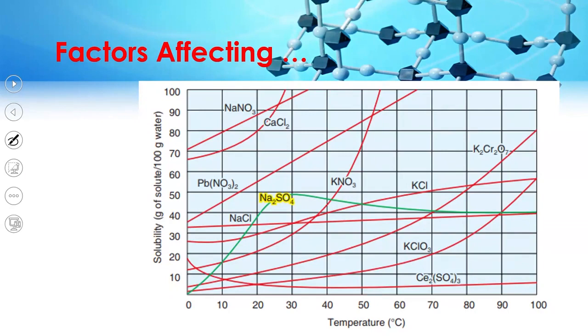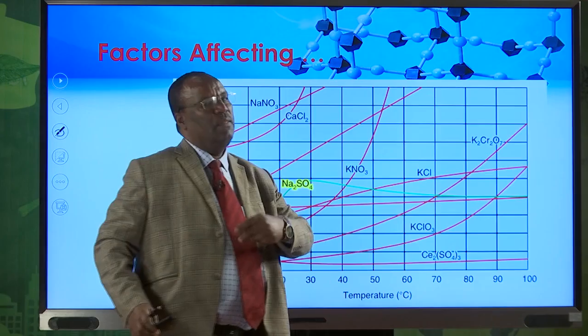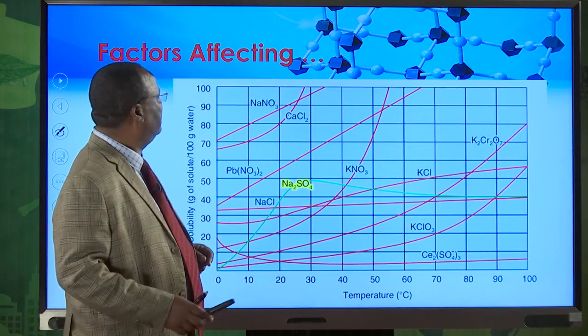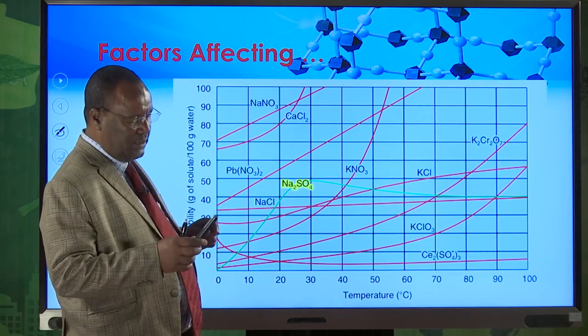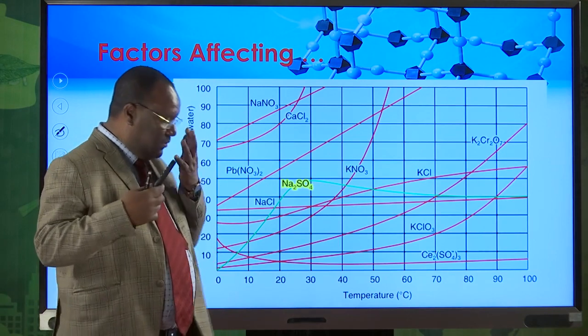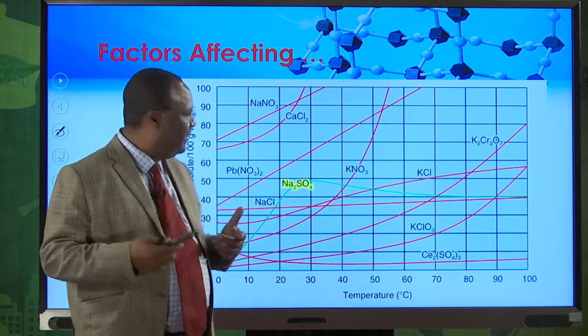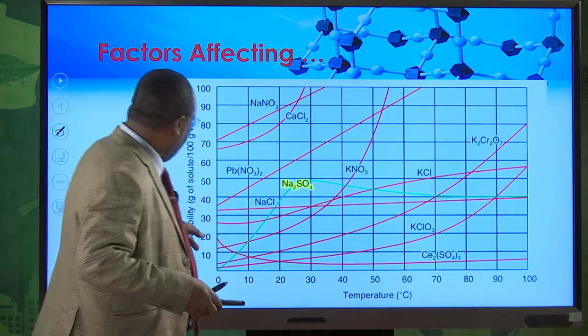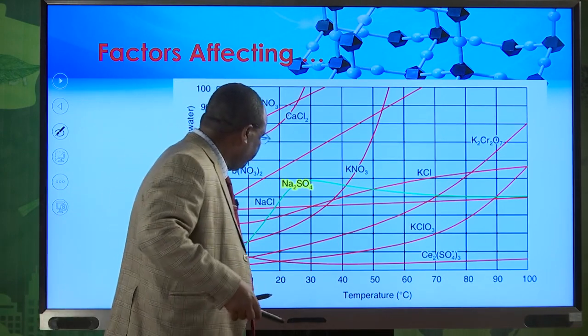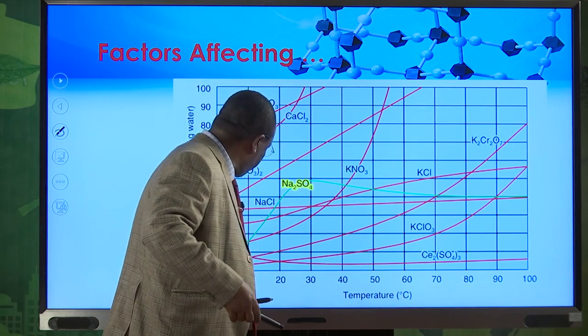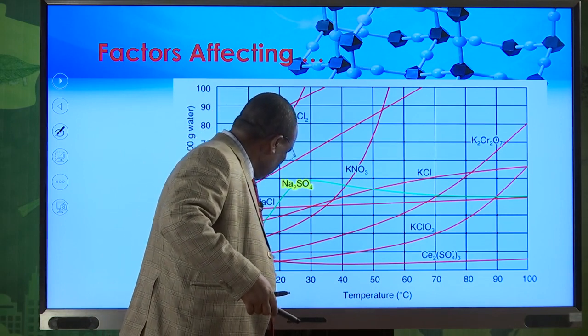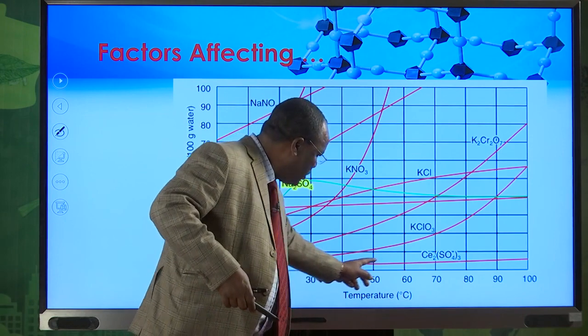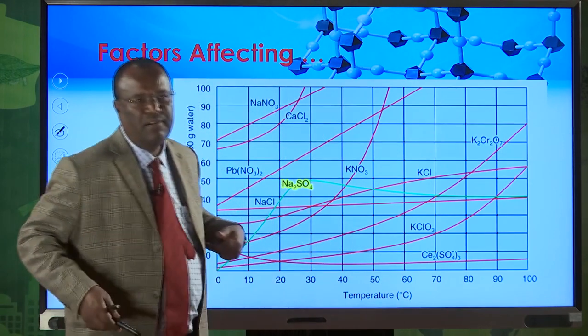But as temperature becomes higher and higher, the solubility decreases. Why? As I have told you, most of the processes are endothermic. Take another example here too, sodium sulfate. As temperature increases, the solubility of this compound decreases.